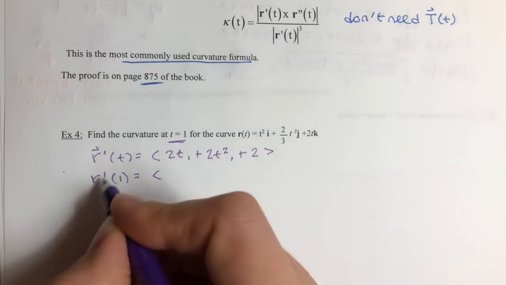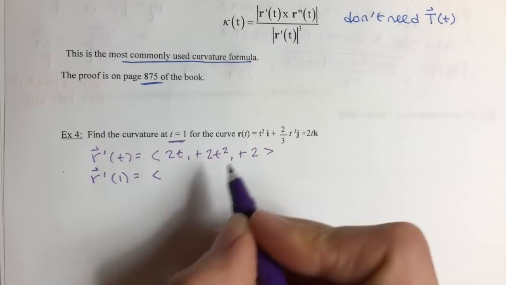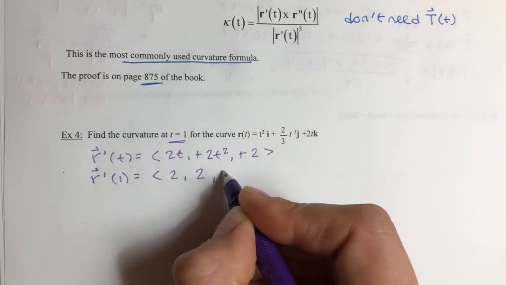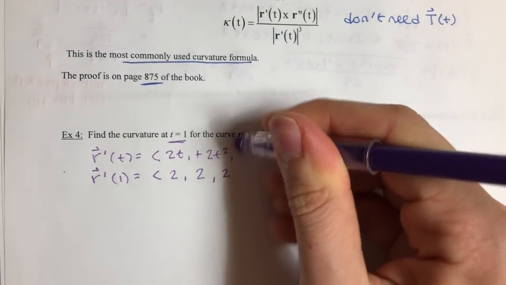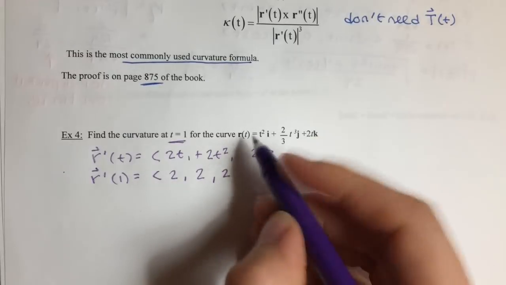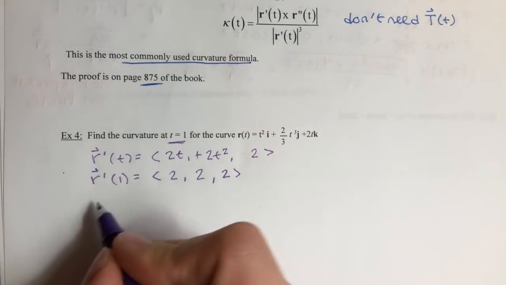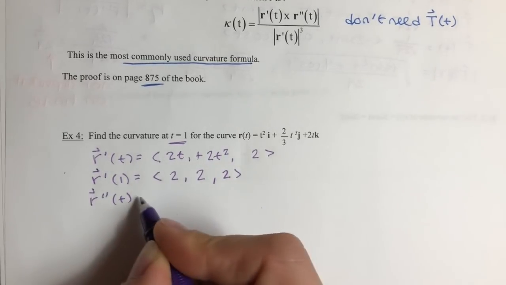That seems a bit more tedious. All right, so the first derivative of the vector function at 1 is 2, 2, 2. Why did I write a plus here? Sorry, there we go. But if I want to do the second derivative, I need to do it in general first before I evaluate it at 1.